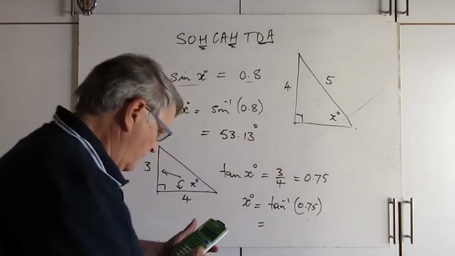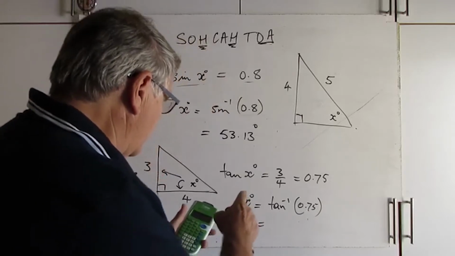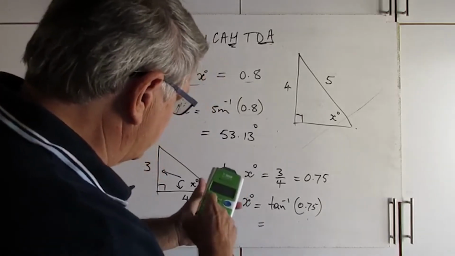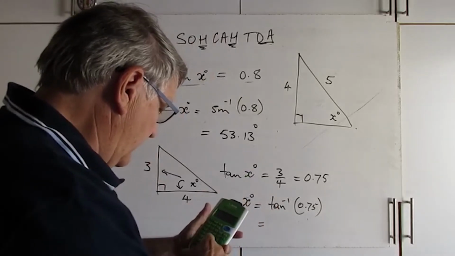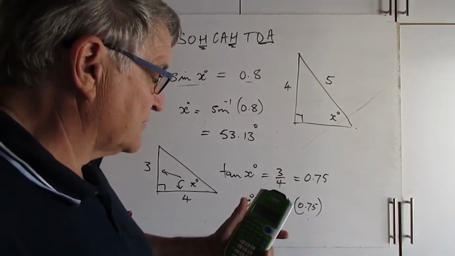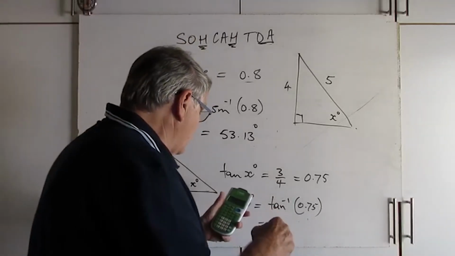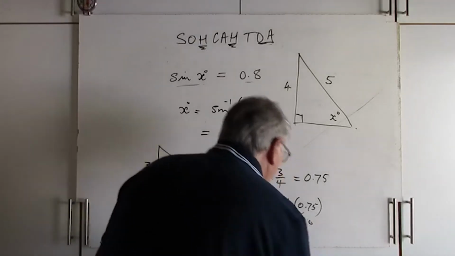Okay, so I clear my calculator and I put in inverse tan, which is second function tan of 0.75, close the bracket, enter, 36.86989, so 36.87 degrees.